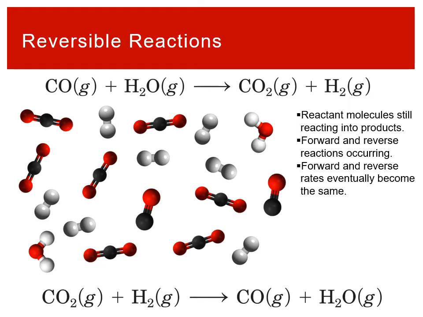Eventually you would have the forward rate and the reverse rate happening at the same pace. Basically, the change of concentrations becomes the same, which means the relative amounts stop changing. The rate of the forward reaction, taking reactants and turning them into products, is equal to the rate of the reverse, taking products and turning them into reactants. If those are equal, they just stop changing.